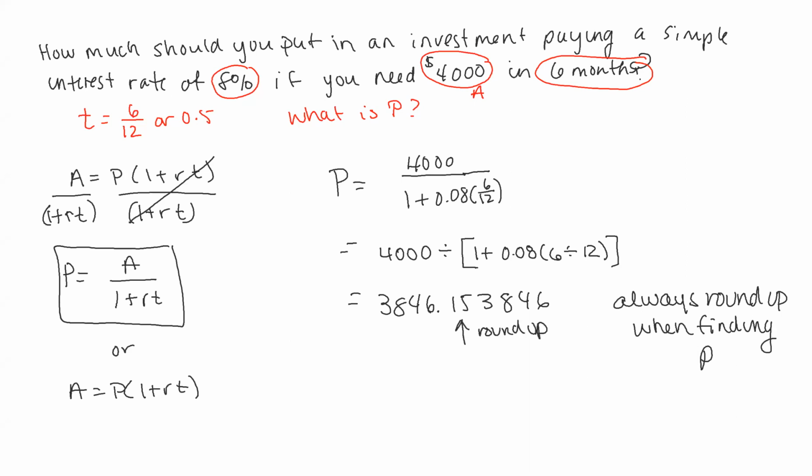So even though mathematically this would round to 15 cents, we're going to round it to 16 cents. That's what we would need to invest today. If we only do the 15 cents, we may not quite meet our goal. So that is a kind of a big deal there. So anytime you're looking for P, whether it's this section or future sections, anytime you're looking for present value, you always have to round up to the next cent or to the next dollar, depending on the situation.